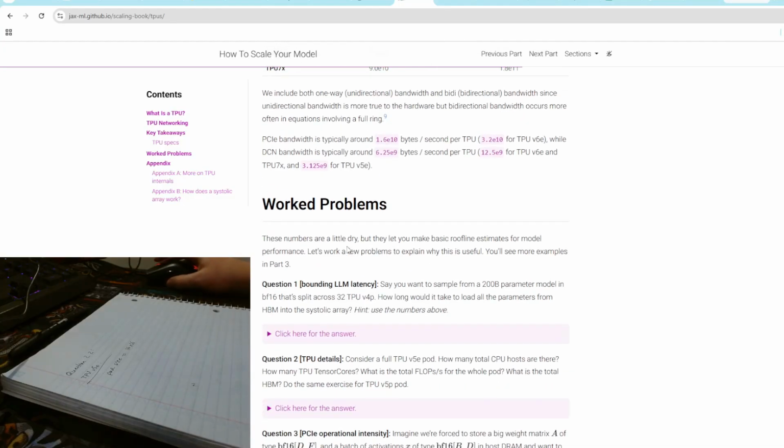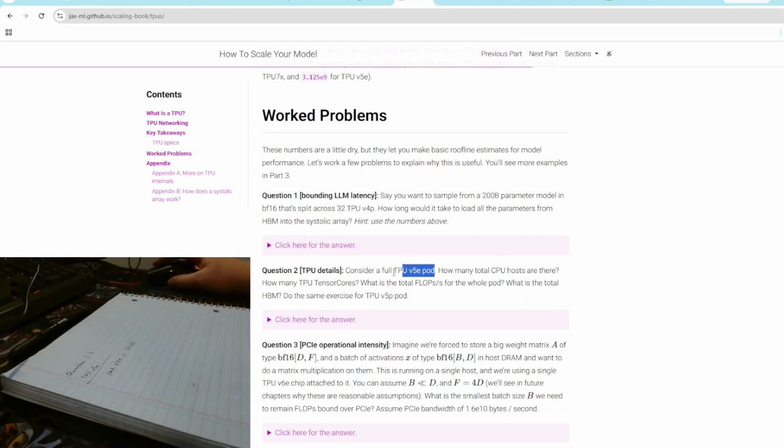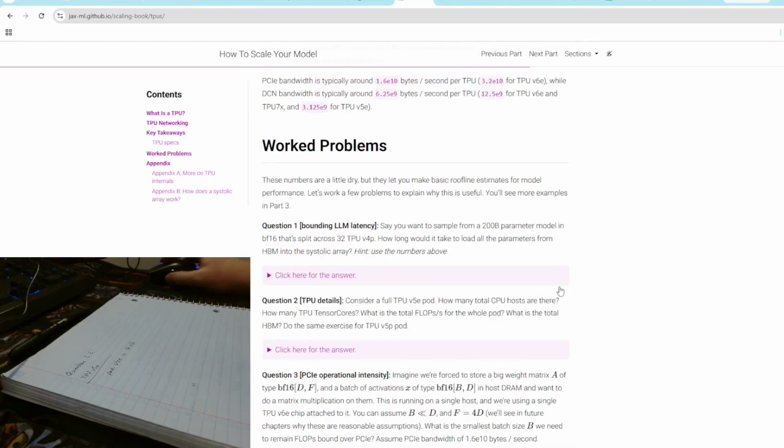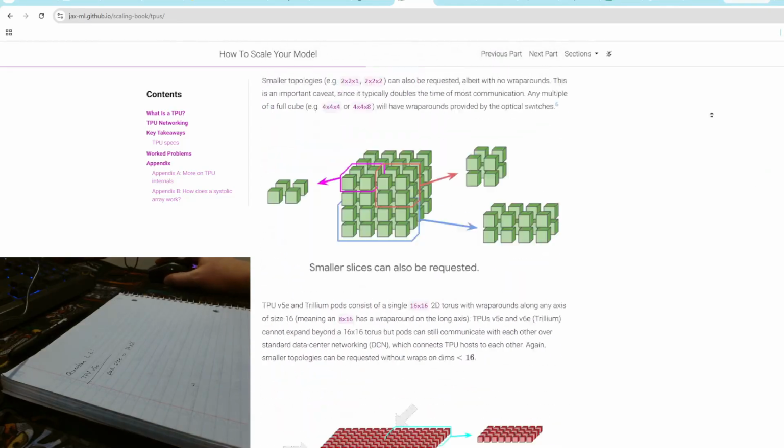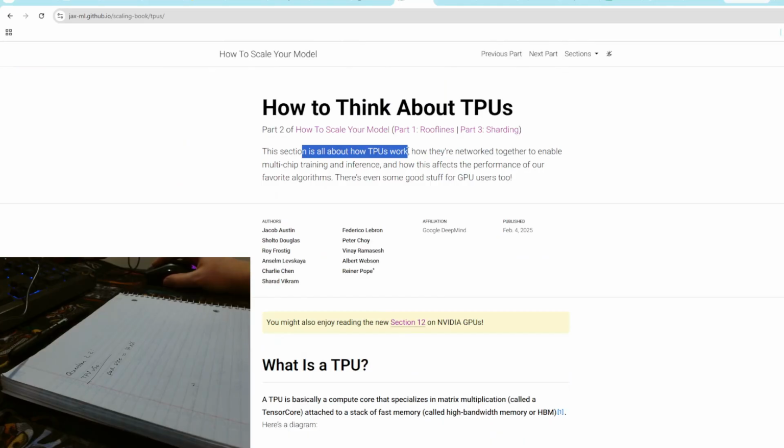Which they're sharing. For a full pod, how many CPU hosts are there? Less than 1 technically, right? How many TPU tensor cores? That one should be easy. So what's the difference between a TPU and a TPU tensor core? Let's start all over again.